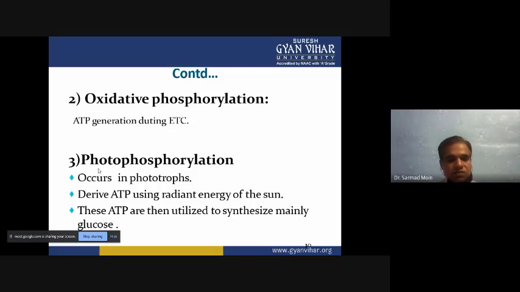The sun produces high energy as photon particles. These photons are captured by pigment molecules present in the chloroplast, such as chlorophyll A, B, carotenoids and rhodopsins, and they convert this photon energy into ATP. ATP is saved in the cytoplasm, and whenever they require energy, they will use it.